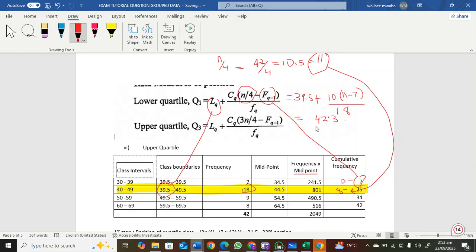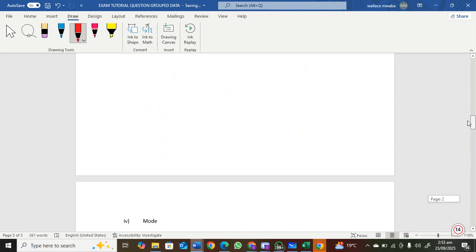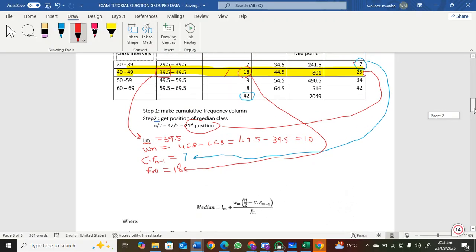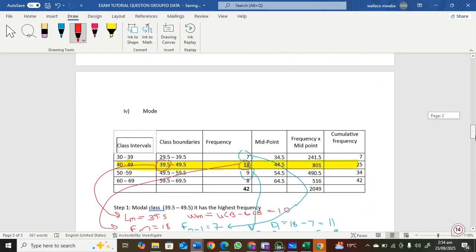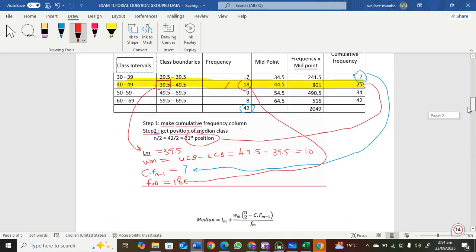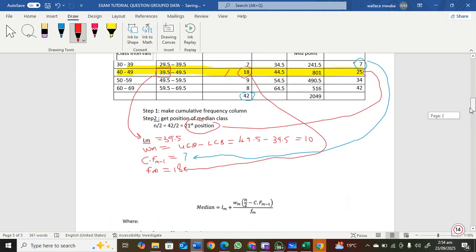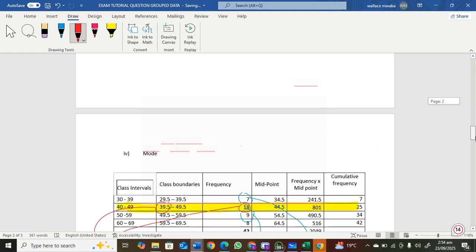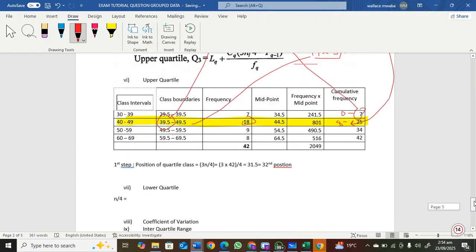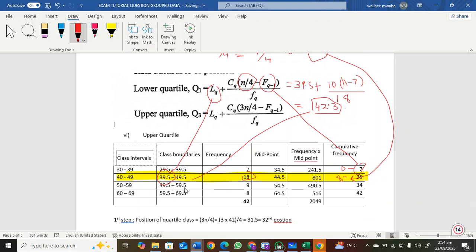As we can see, the lower quartile falls between 39.5 and 49.5. Even for our median, I forgot to mention, it should fall between the classes. Even our upper quartile, it fell in its class range.